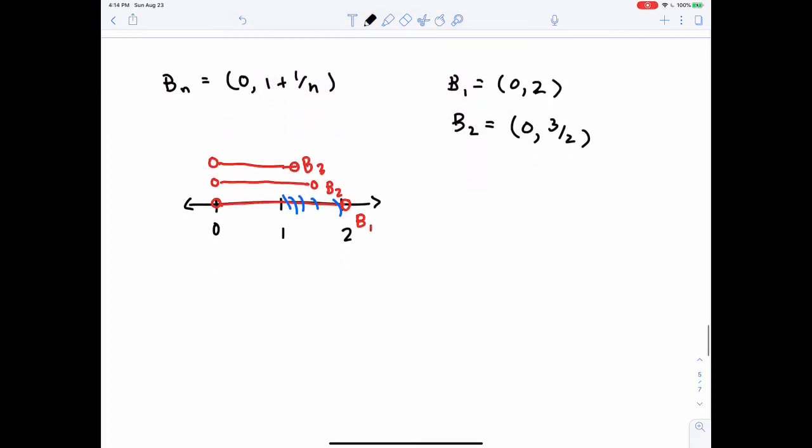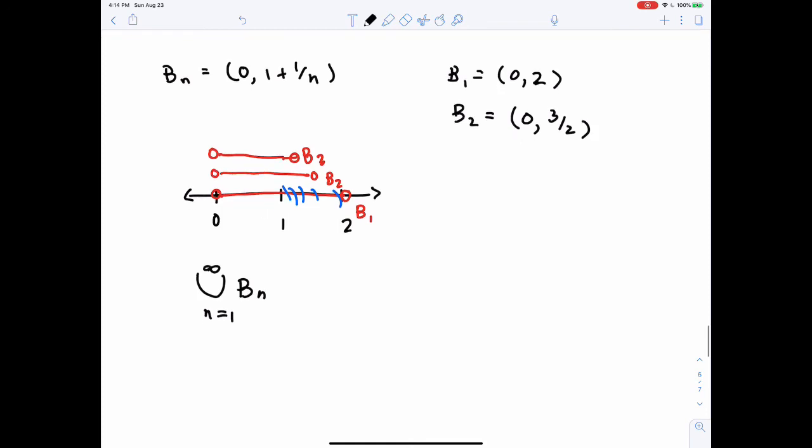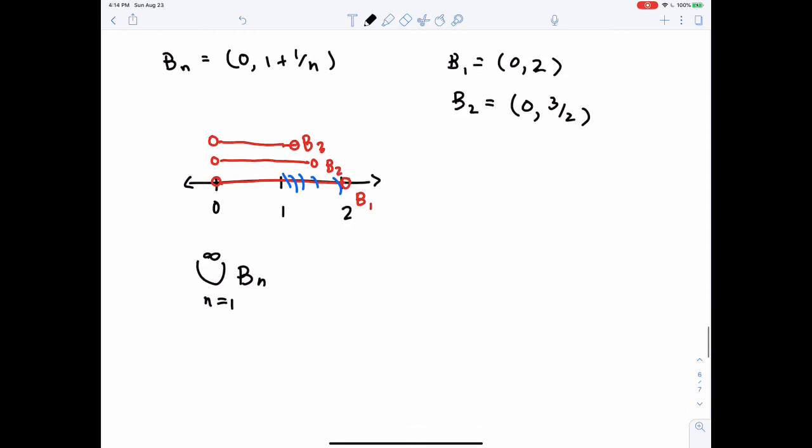Now, if I want to figure out the union, we're going to be in a really similar situation to the A sub n's, because these are nested intervals, and so B sub 1 actually captures all of the points that appear in at least one of the sets, because you start with B sub 1 and then you only shrink. So if you want to grab all the x's that are in at least one set, they all have to be exactly the x's in B1.